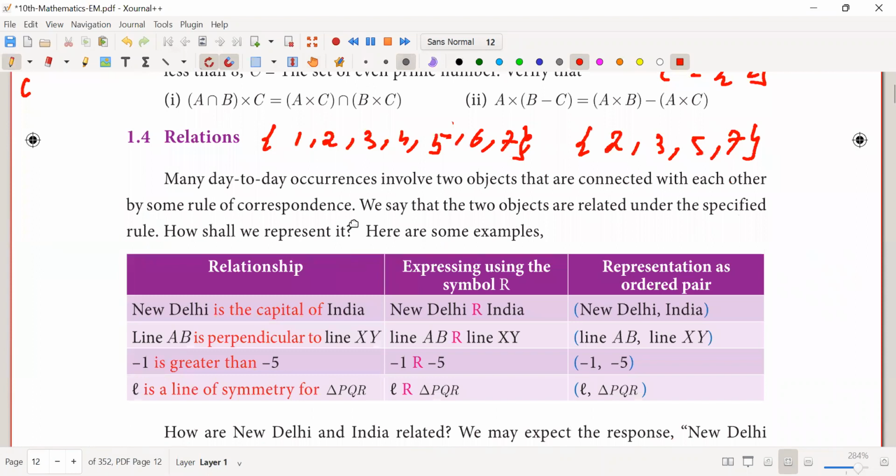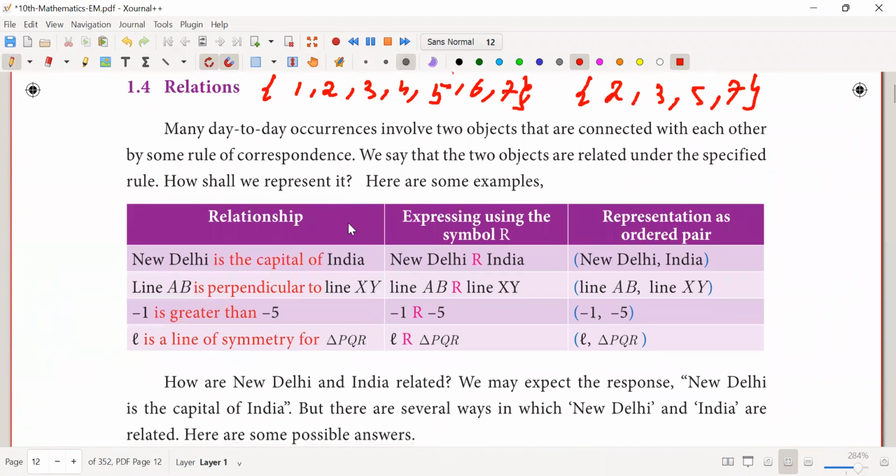Then, what is a relation? What is a relation according to you, in general, non-mathematical terms? Family members? Blood relations. Persons related to us.